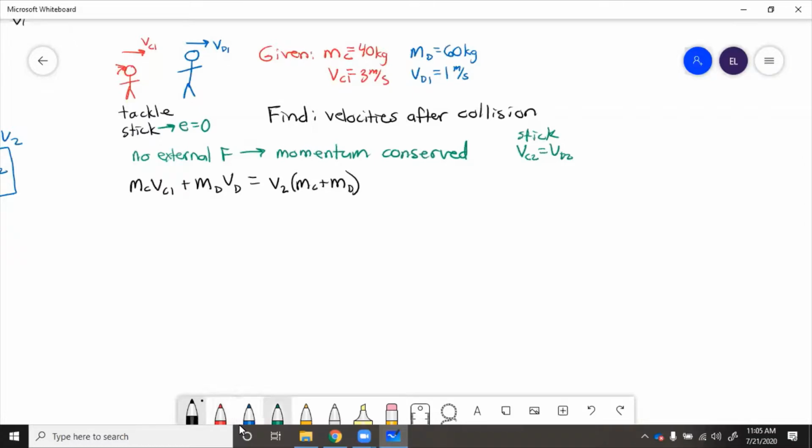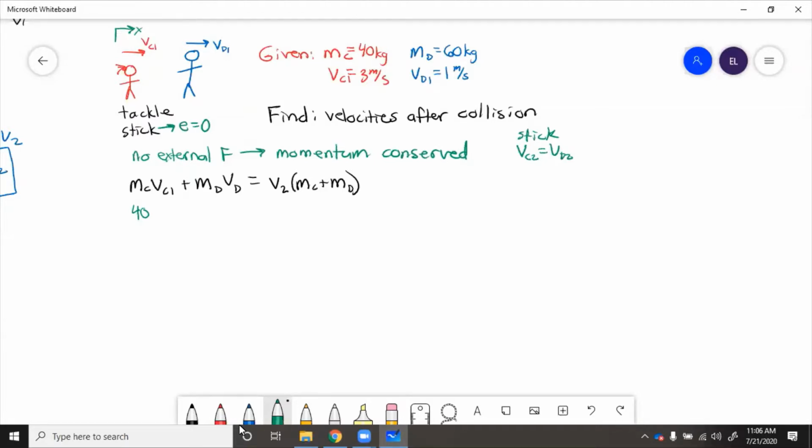So now we just put in the numbers. We'll have 40 times, actually we need to say positive X this way because that is line of impact.